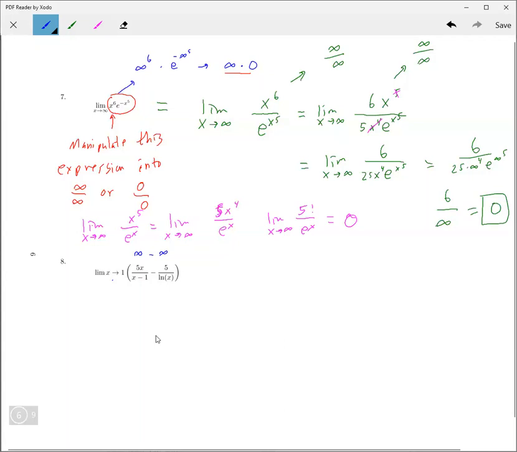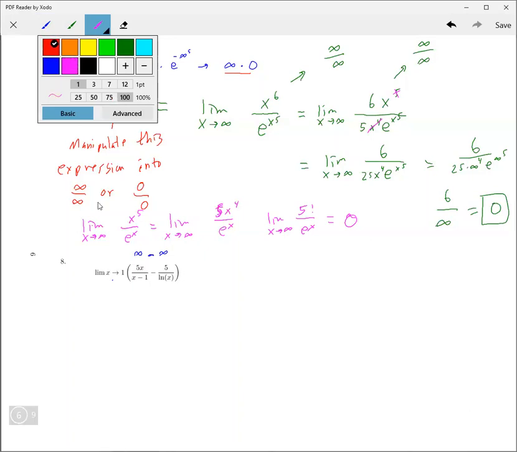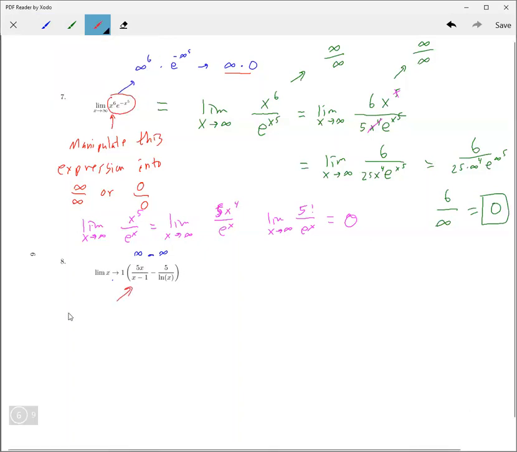Okay. So here we have infinity minus infinity. And so this is another indeterminate form, but we can't apply L'Hopital's rule directly to this. We have to manipulate, again, so we need to manipulate this.